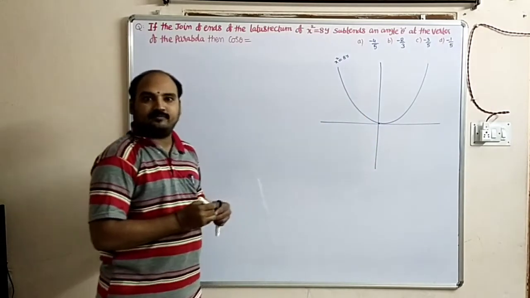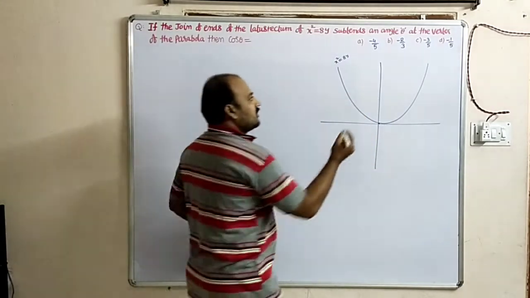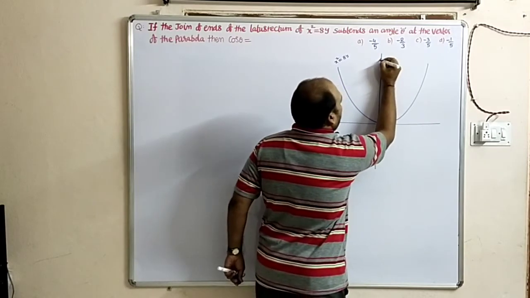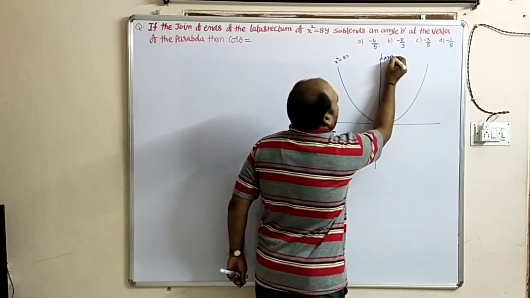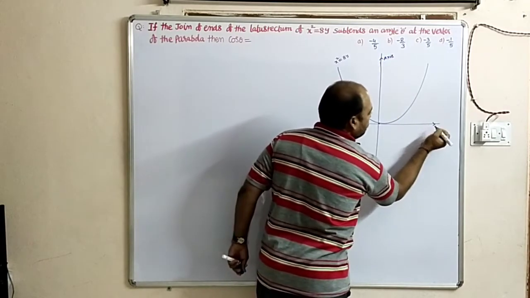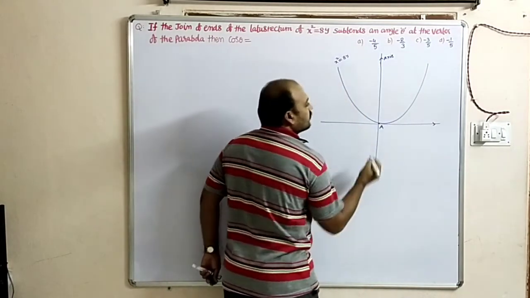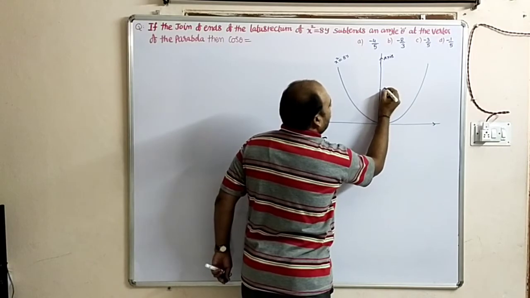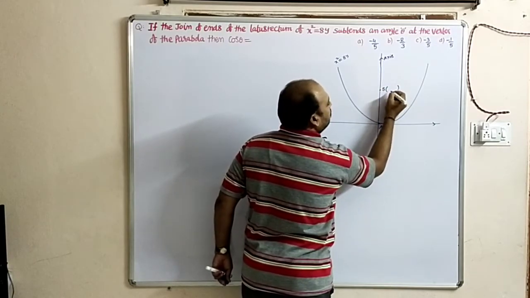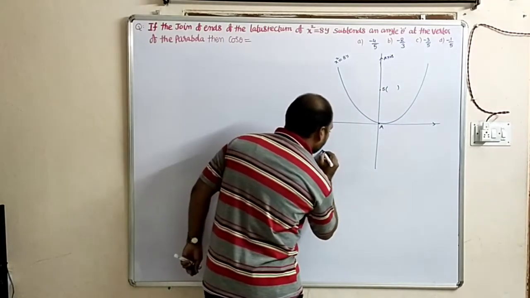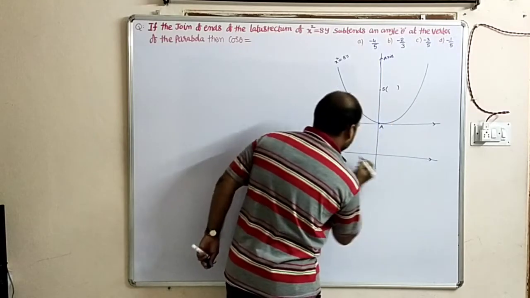Latus rectum. This is the axis of the parabola. This is the tangent at the vertex. Focus of the parabola. Directrix.